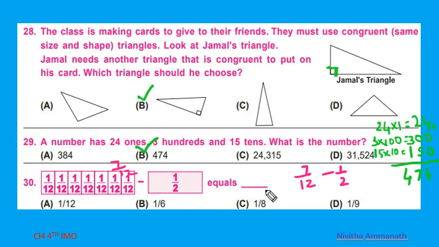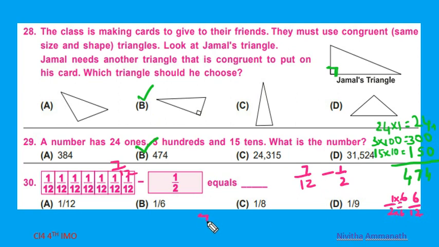How do we write this? How many twelfths is 1 by 2? 2 into 6 is equal to 12, so here also into 6. That is 6 by 12, which is the same as 1 by 2.